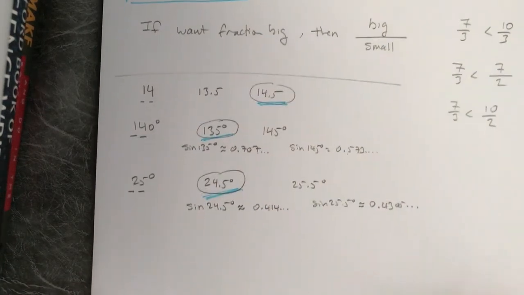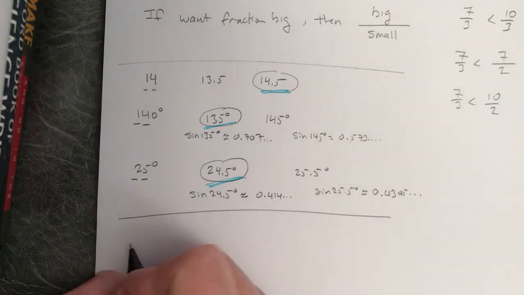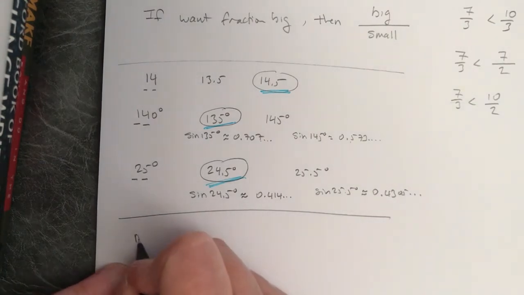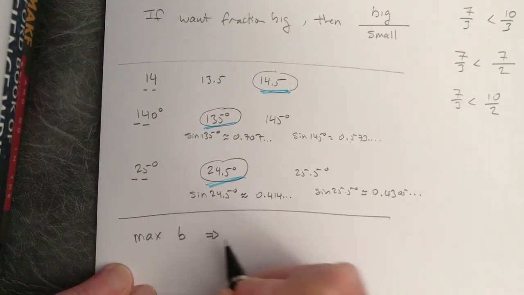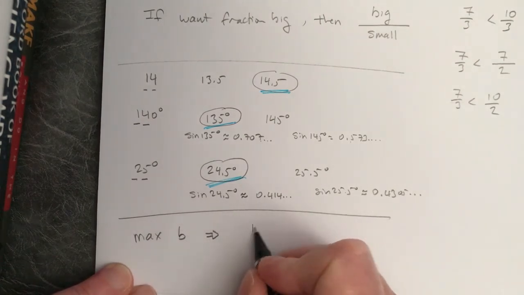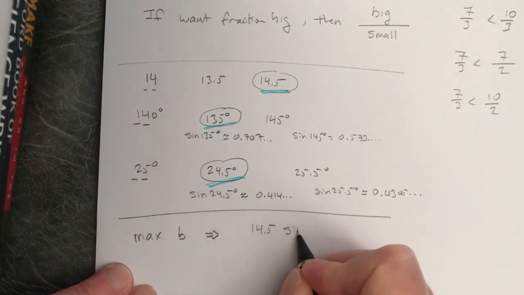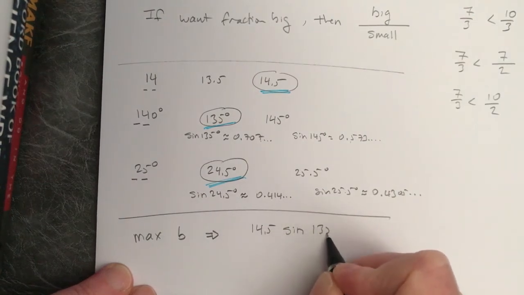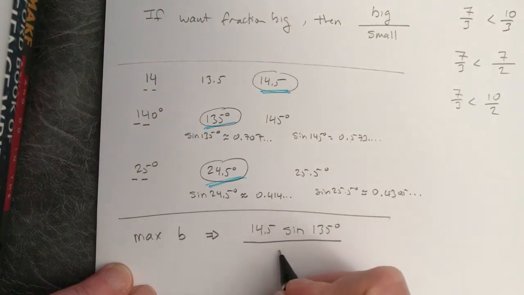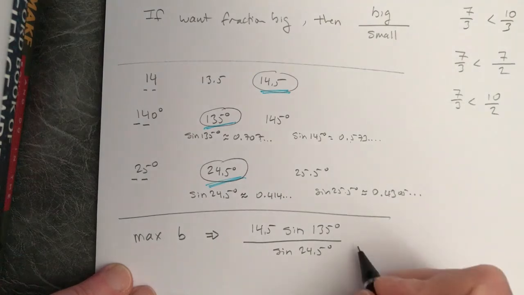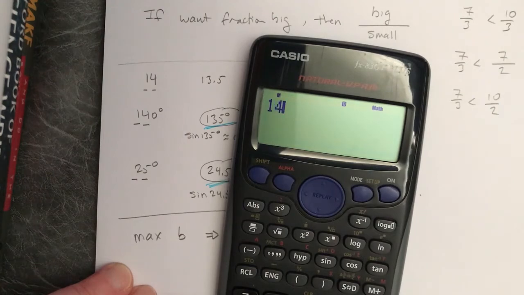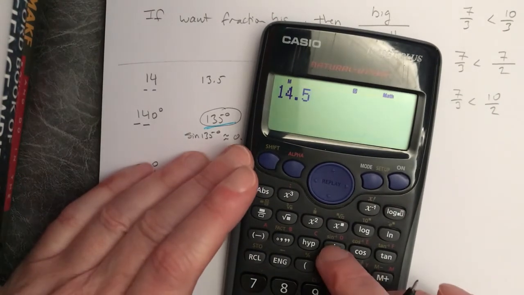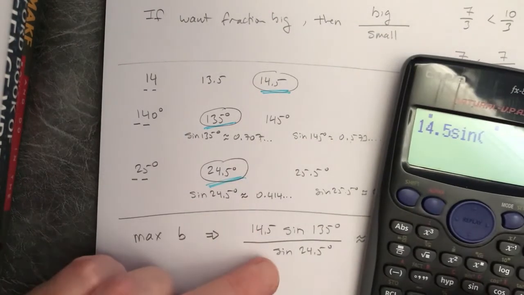So the max possible value for side B is going to be 14.5 times the sine of 135 degrees, and on the bottom I'll divide by the sine of 24.5 degrees.